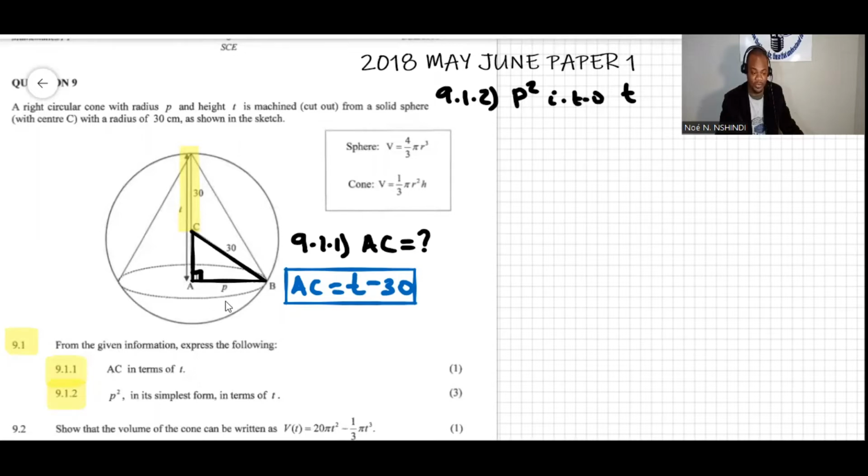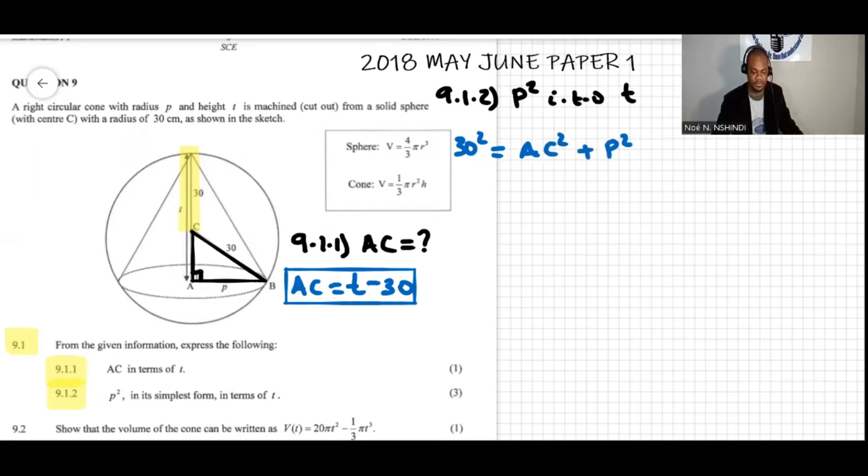We can use Pythagoras: the longest side squared equals the sum of the squares of the other two sides. So by using Pythagoras, 30 squared equals AC squared plus p squared.